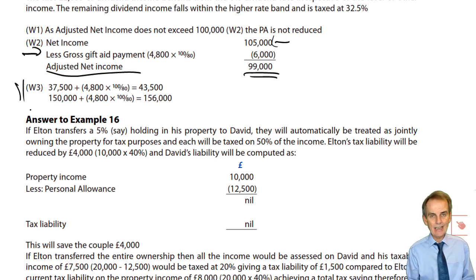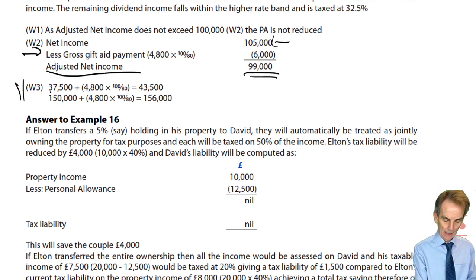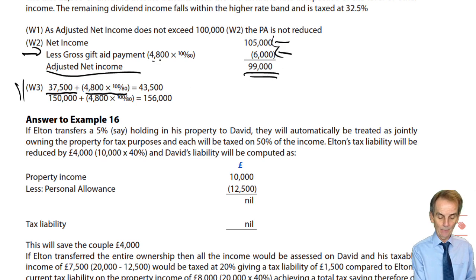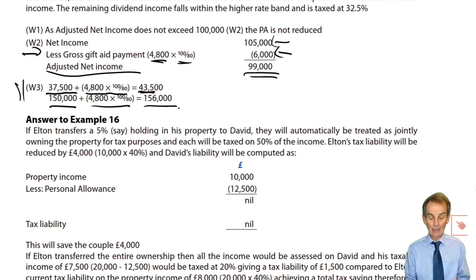Clearly, there is only a need for you to do the calculation necessary to perform your income tax computation. This was the one necessary, the basic rate band limit of 37.5, increased by the gross gift aid payment. Again, that self-same 6,000, the amount paid, times 100 over 80. Adding 6 to 37.5 takes us up to £43,500. If we had had income in excess of 150, then the 150 would also have been increased by 6,000 to 156. But as I say, an unnecessary calculation here.